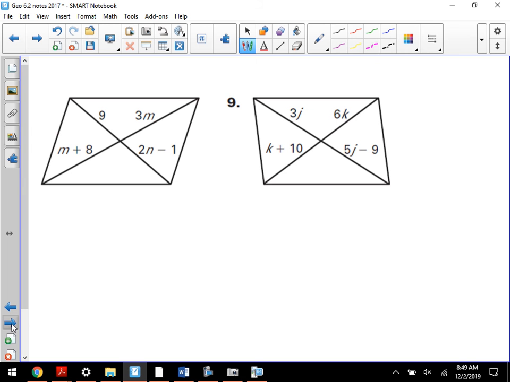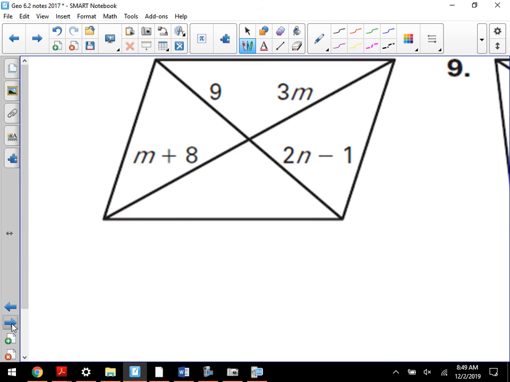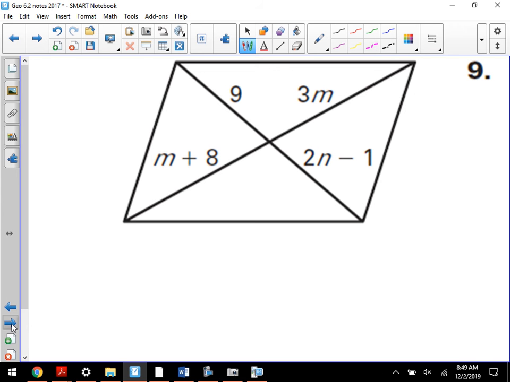Now, this is where it can get, let me just pick one of these here. That's fine. Now, it looks messy, and one of the things that happens a lot when they deal with the diagonals, you notice how the 9 and the 2n minus 1 are the upper right part of the diagonal, and then the m, the m plus 8 and the 3m are on the other side.